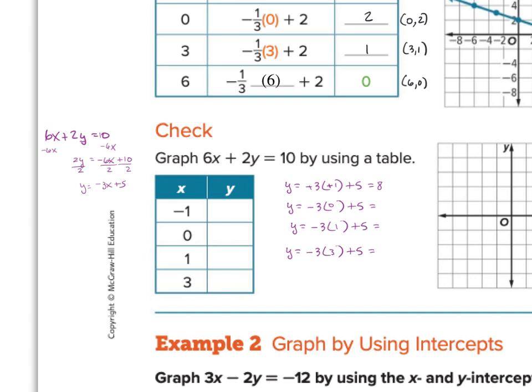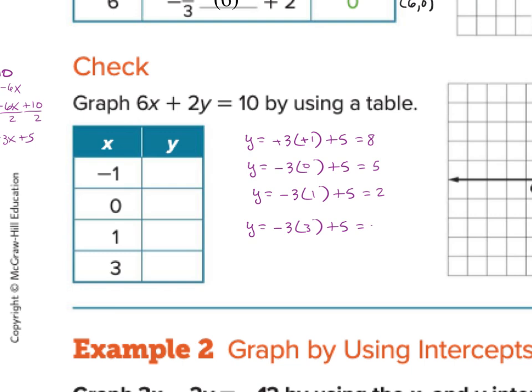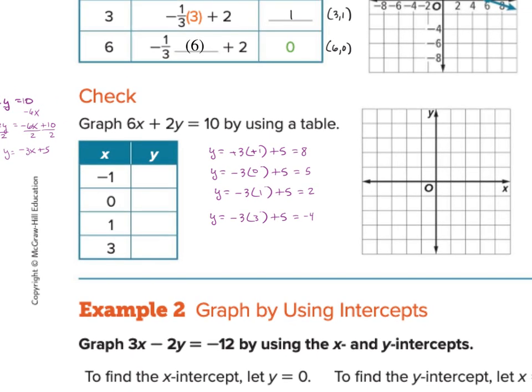Negative times a negative. This is going to be 5. This is going to be negative 3 times 1 plus 5, which is going to be 2. And then this should be negative 4, I think. So let's see. So negative 4, 2, 5, 8. And, well, let's just see what happens.